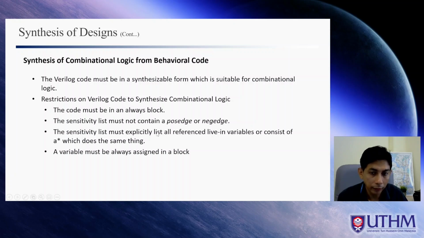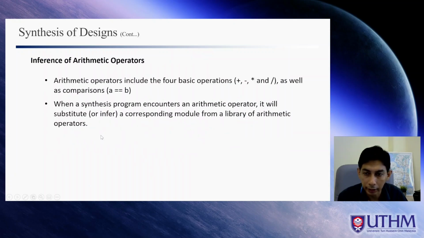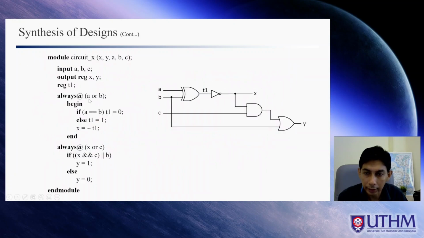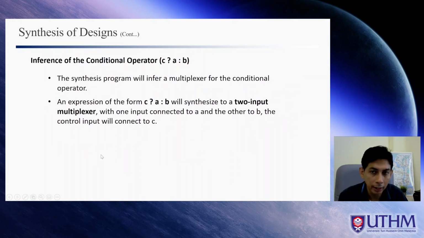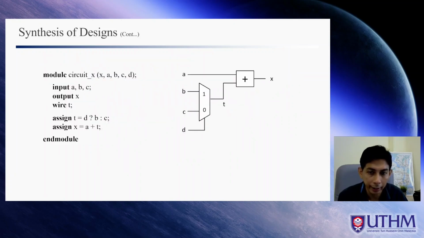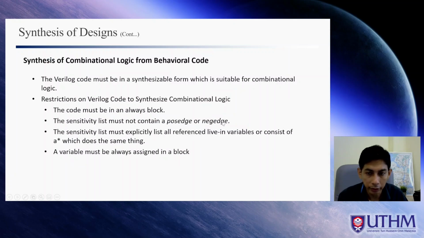So if in your always block you have the sensitivity list A, B, X, C, you cannot put posedge or negedge in this. That one will create a clock, and if you have a clock, that is not a combinational circuit anymore. So don't use this.